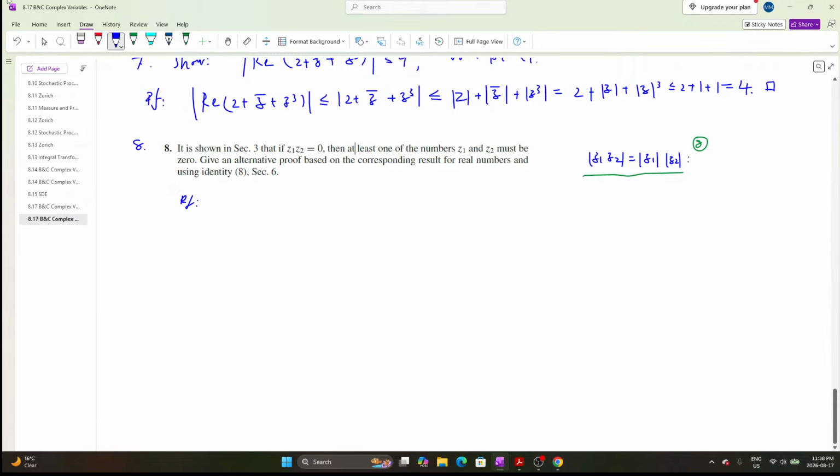Proof. Here, the modulus of z1 and the modulus of z2 are both real numbers, so you can use the property of real numbers: if two real numbers multiply and equal 0, one of the real numbers must be 0. First, let's start by writing: assume the if part, that is, assume z1 z2 is 0.